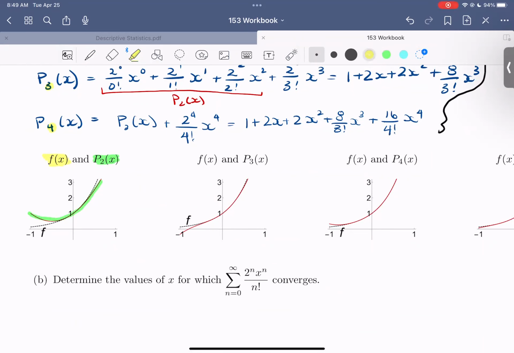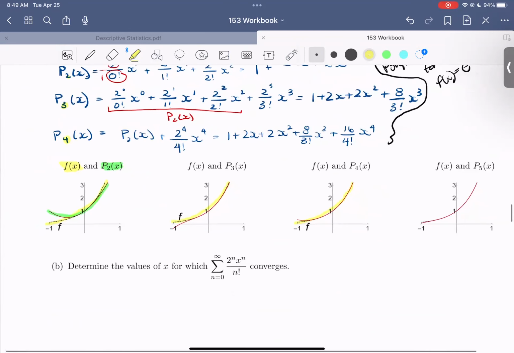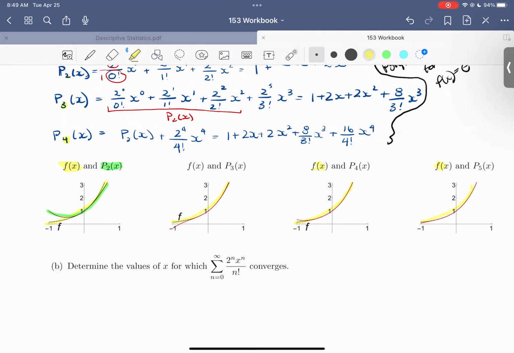And our f is this function, this yellow one that's dotted. So I can draw f on all of these pictures. And then we compare f to the Taylor polynomial of each of those degrees. The red one here. Okay.